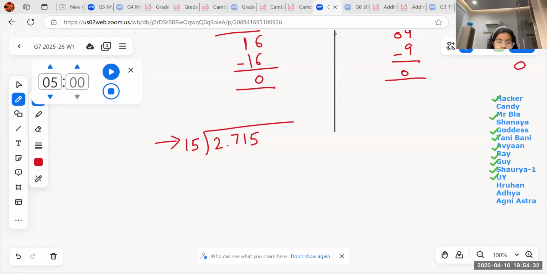May I go to the washroom? Yes, you can go.